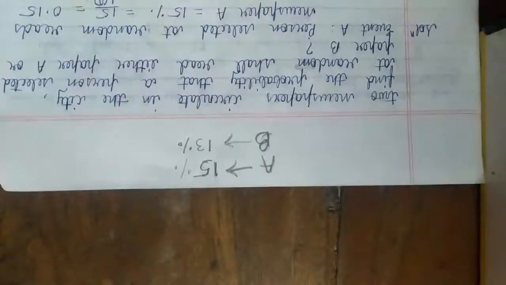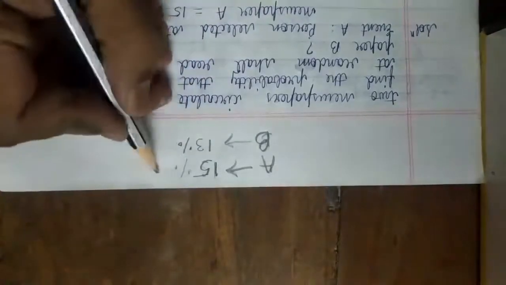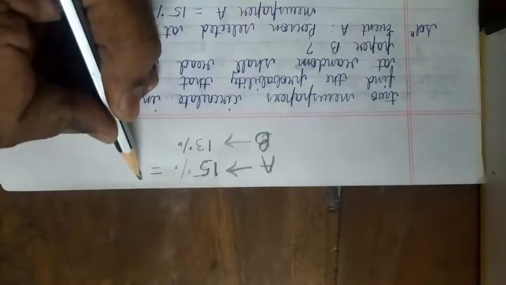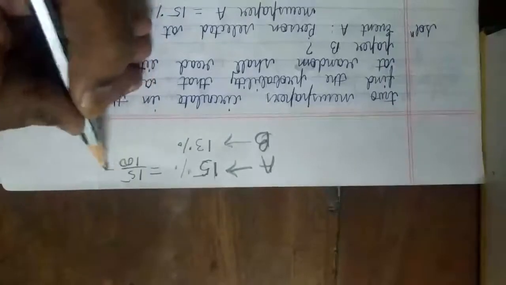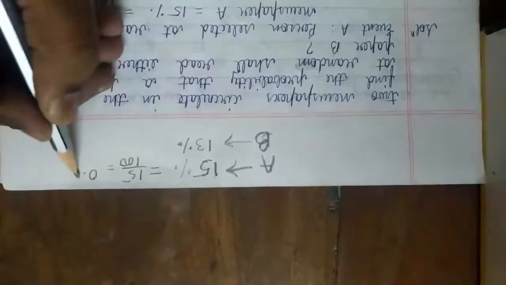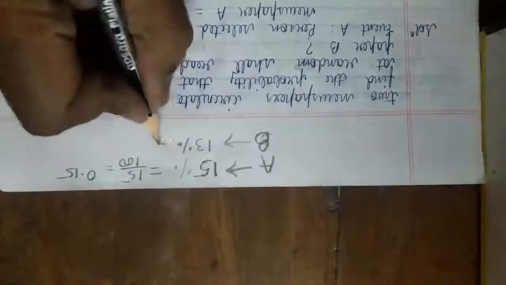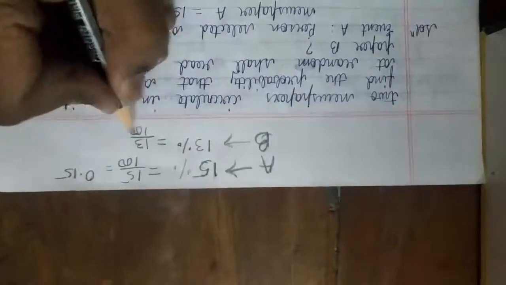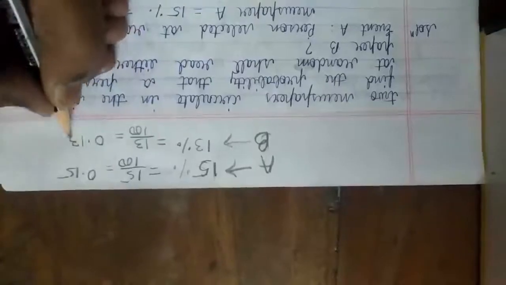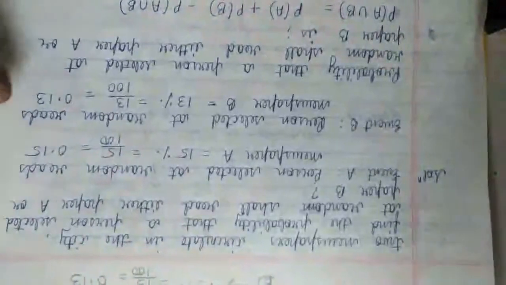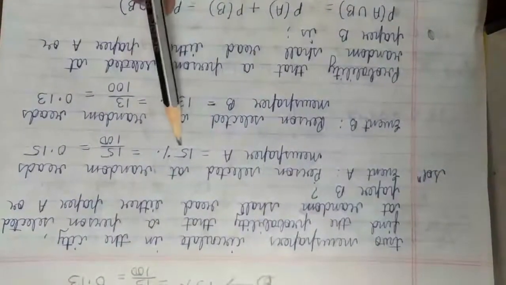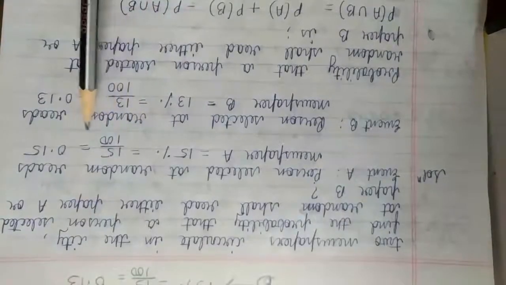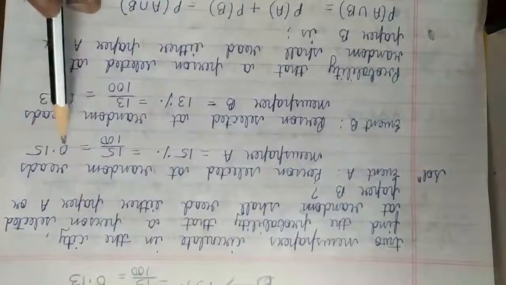So if we convert this percentage into fraction, it is 15 upon 100, which is nothing but 0.15, and this becomes 13 upon 100, which is equal to 0.13. So that is what I have written here. So the probability that a person selected at random reads newspaper A is 15%, which is 15 upon 100, which is nothing but 0.15.